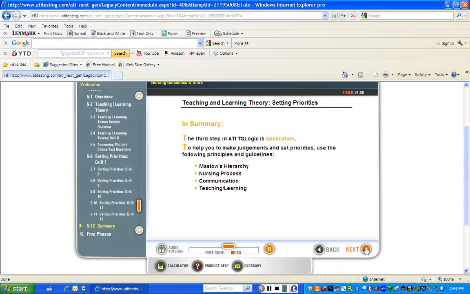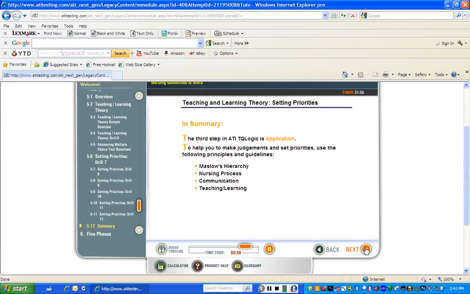Next, nursing process identifies that the nurse must always assess first. In communication theory, the nurse must first address the client's feelings, and teaching learning theory identifies that motivation is the key to client learning. However, I cannot stress enough that you should only use strategies when you are unable to set priorities and answer the question with your nursing knowledge alone.